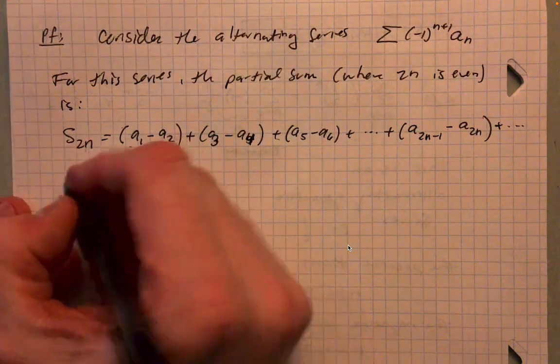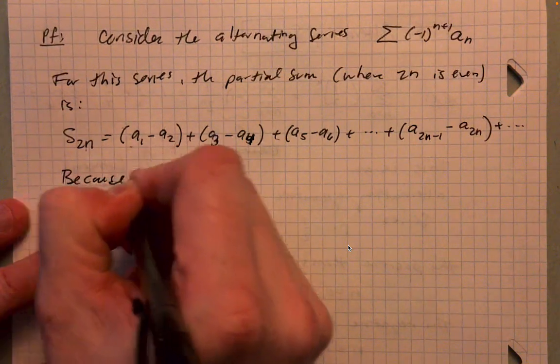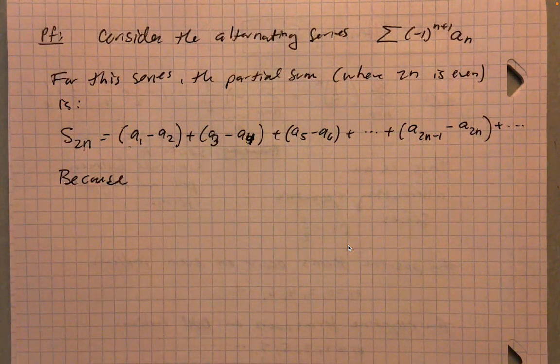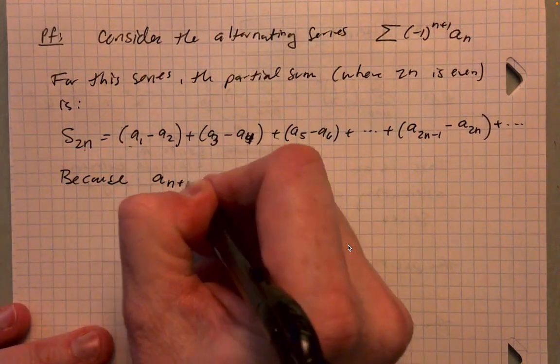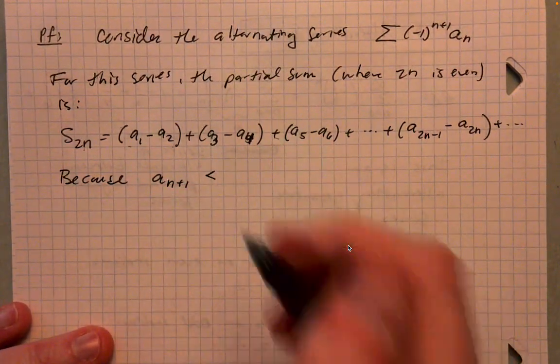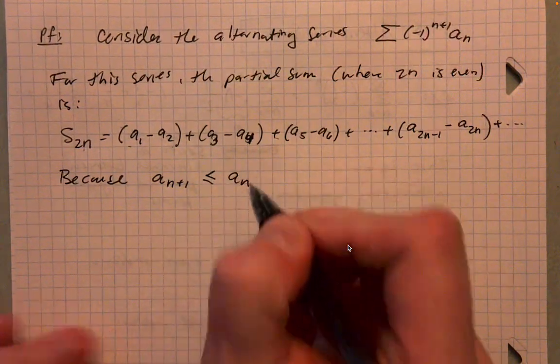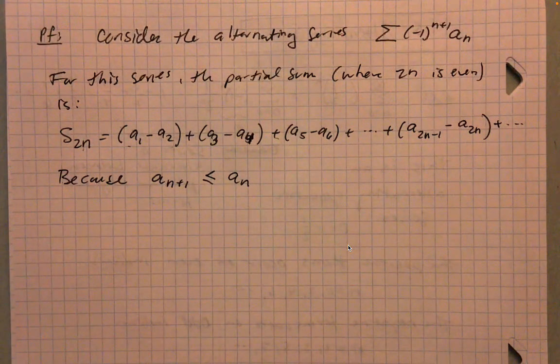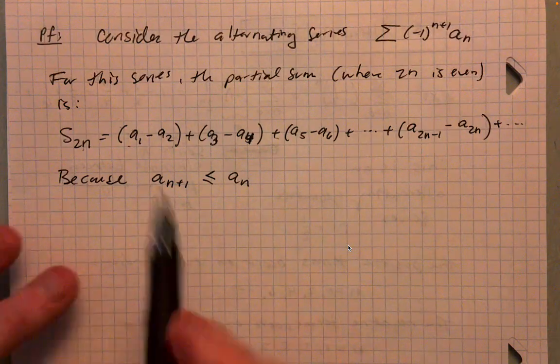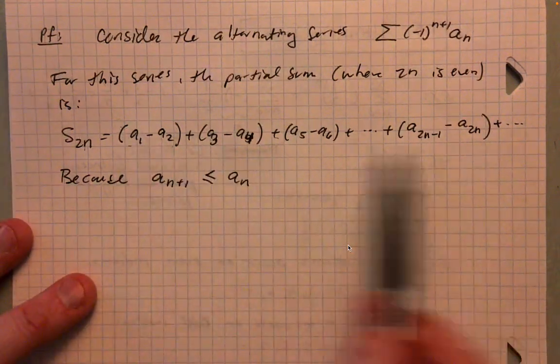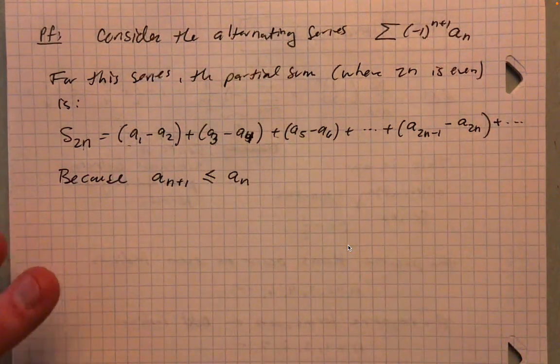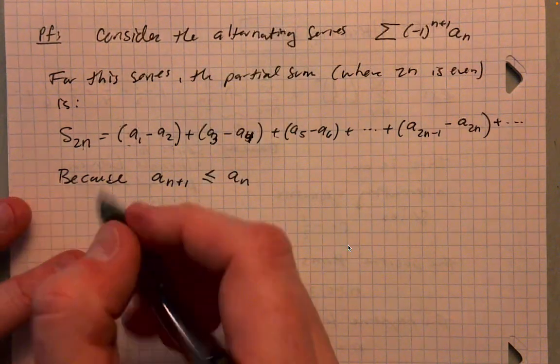Now, one of the assumptions of the theorem is that a of n plus 1 is less than or equal to a of n. Because this is true, each of the terms in this sequence is non-negative.